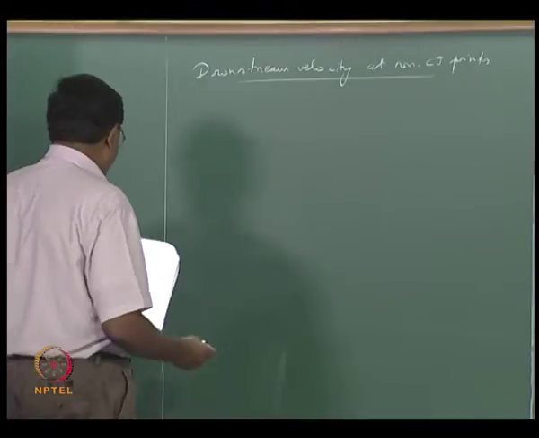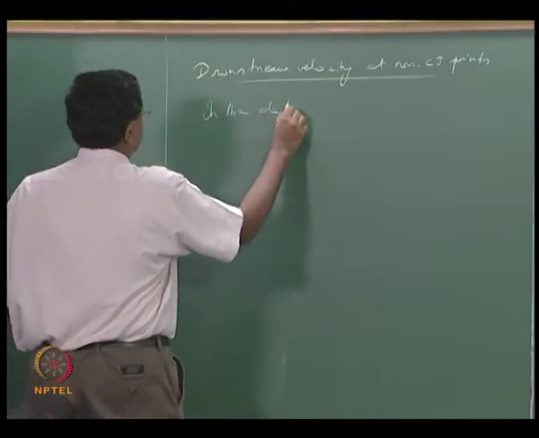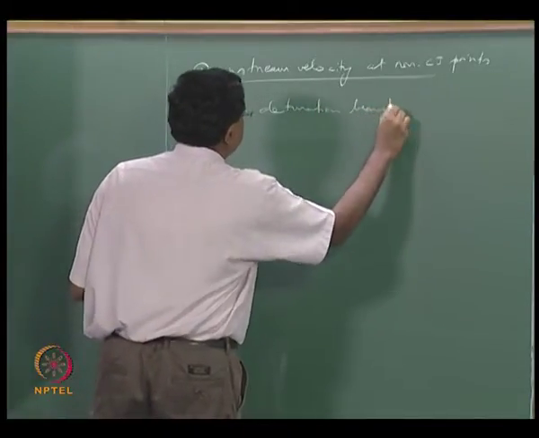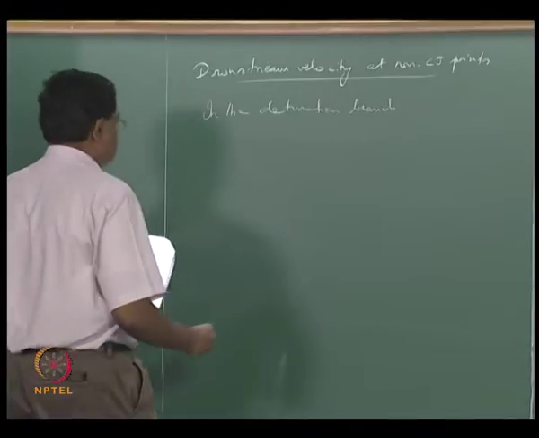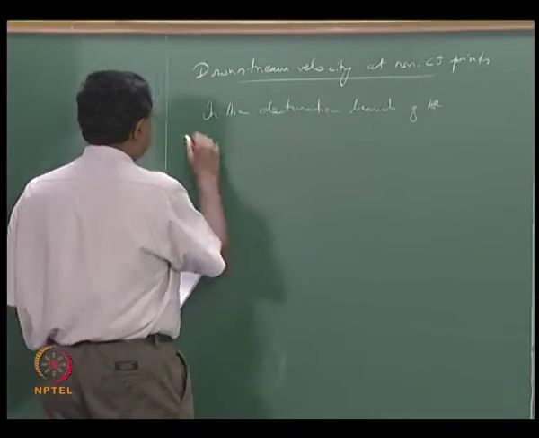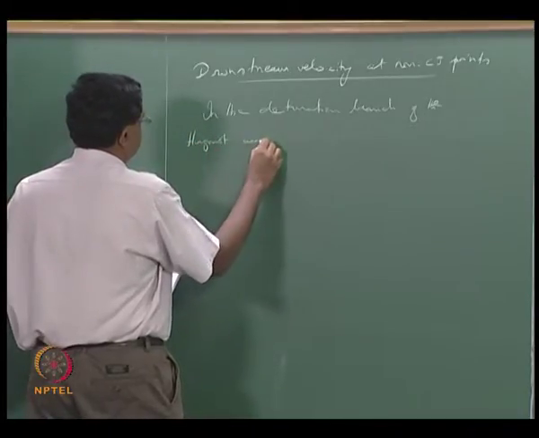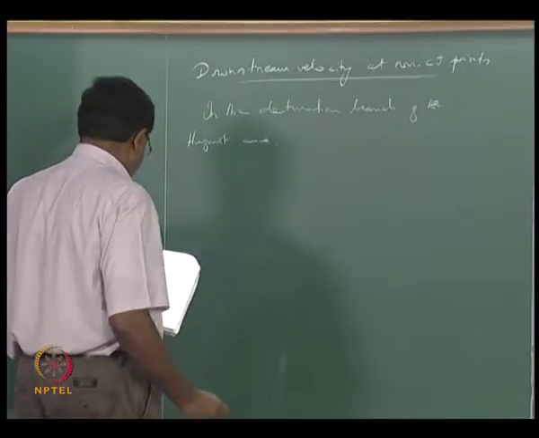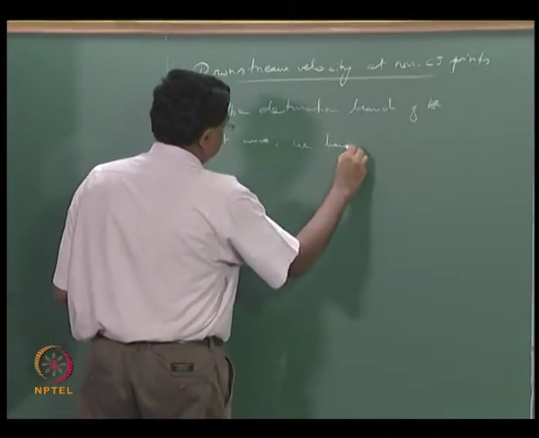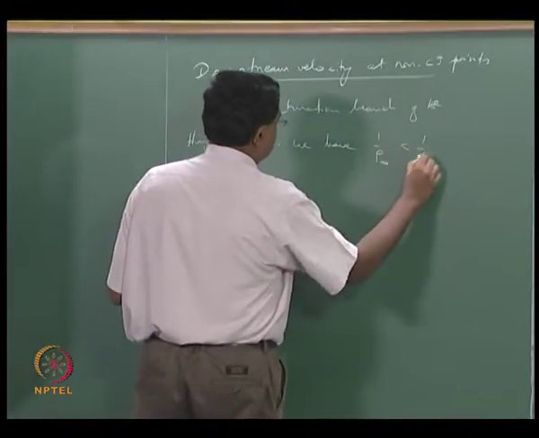So let us now look at the detonation branch. In the detonation branch of the Hugoniot curve, we have 1 over rho infinity is less than 1 over rho naught.